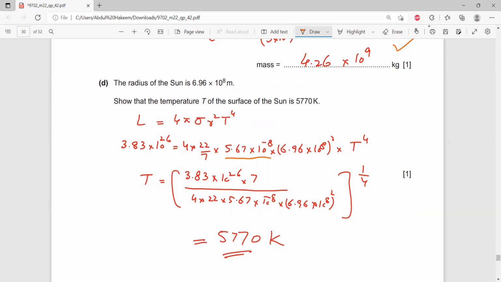The radius is given as 6.96 × 10^8, squared, and the temperature to the power 4. Temperature is required, so T is equal to this value divided by this, and the whole to the power 1/4, because we have to calculate T. After calculation, the answer is 5,770 Kelvin, using the Stefan-Boltzmann constant sigma and this law.